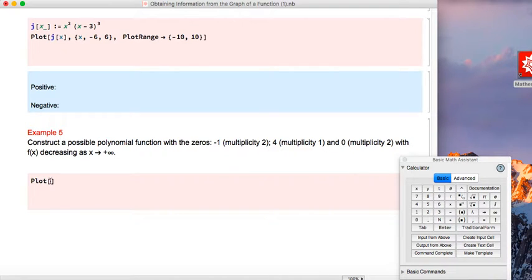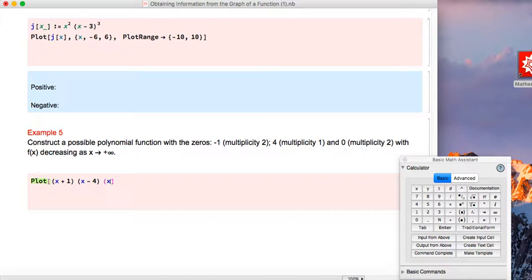Okay, so with zeros -1, that means x plus 1, multiplied by 4, that means x minus 4, and I have an extra 0, that means x.